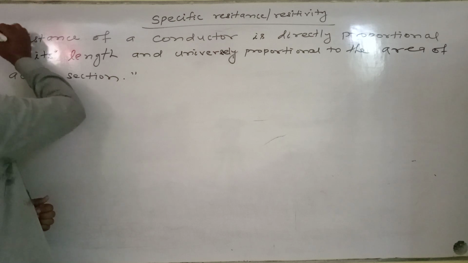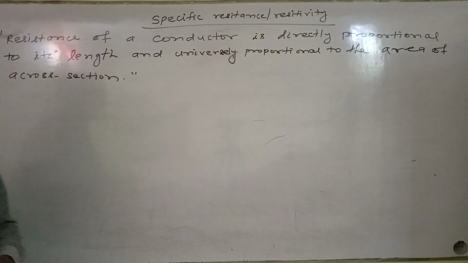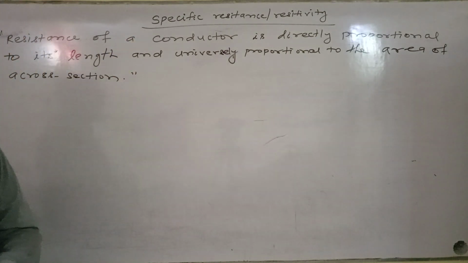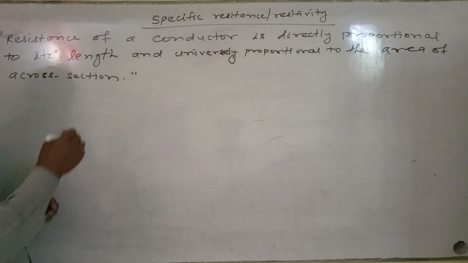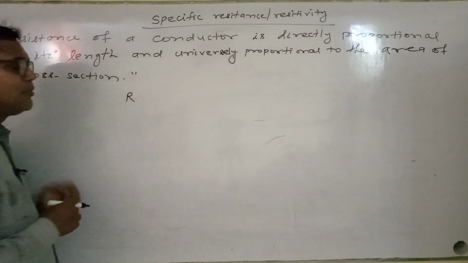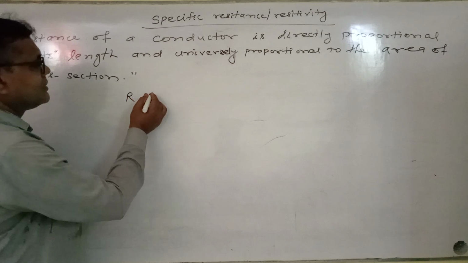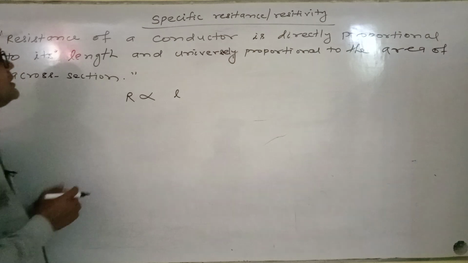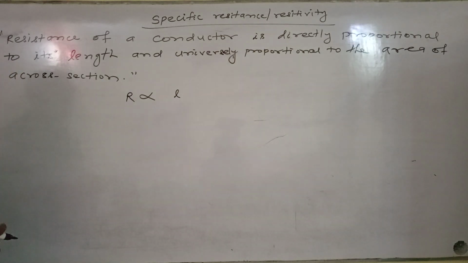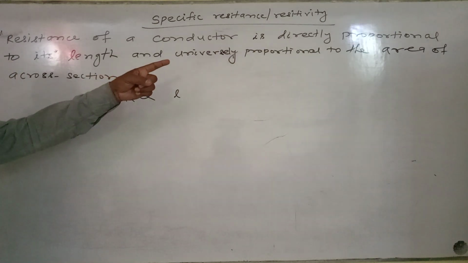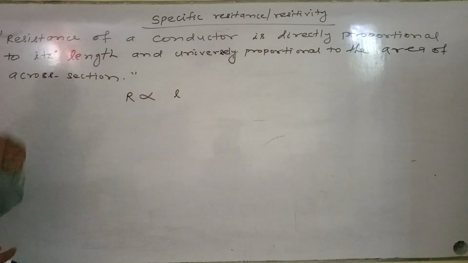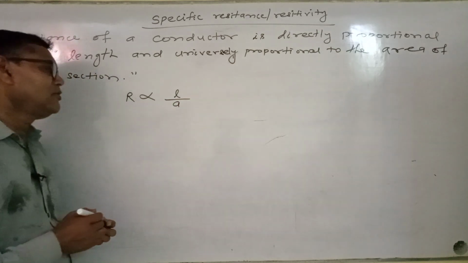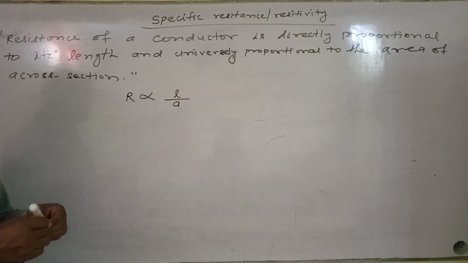It is the definition of specific resistance. It is also called resistivity. We write the mathematical formula. Here we write the symbol of resistance, and we write directly proportional to L, where L indicates the length of the conductor, and inversely proportional to the area of cross section.